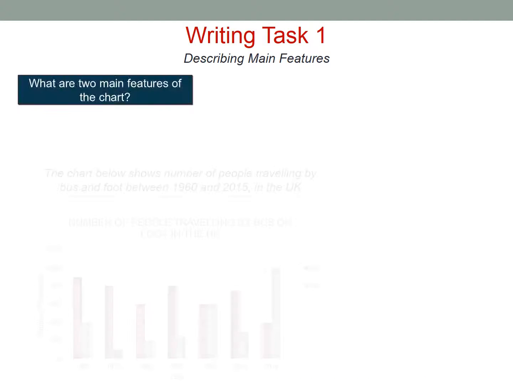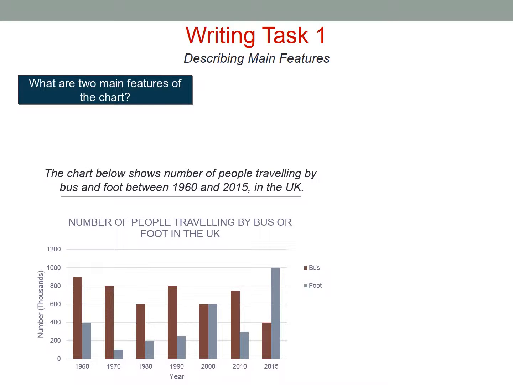Before we move on to look at comparisons, what are two main features of the chart? Remember, when we talk about main features, look for the highest and the lowest points in both data sets.